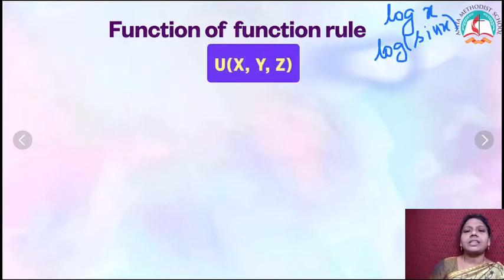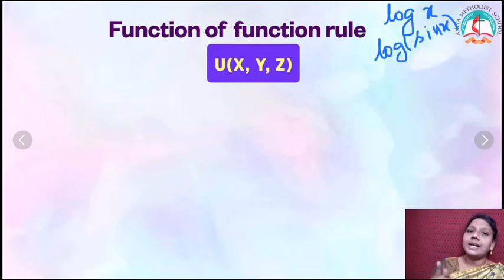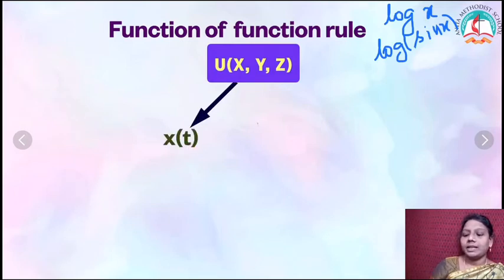So here we have u, which is nothing but a function of x, y, z. How many variables are here? 3 variables are here. So once we have more than one variable, we have to find out partial derivatives. Now this x, y, z will be functions of some other variable. Let me see. If x is a function of t, y is a function of t, z is a function of t, we should have a common variable here.